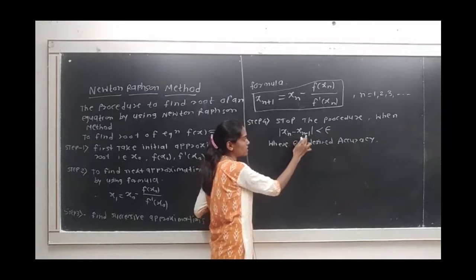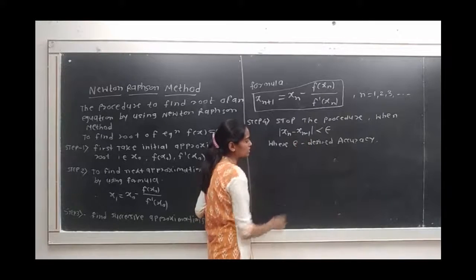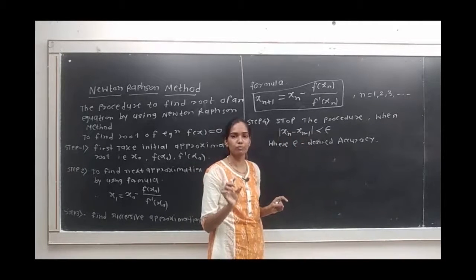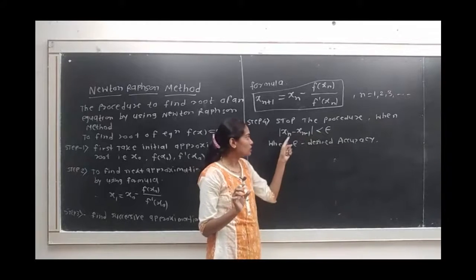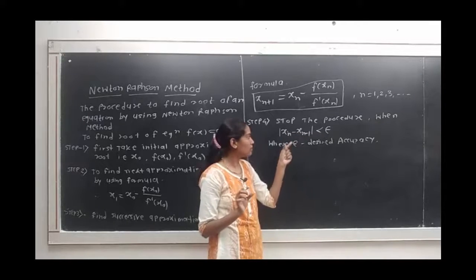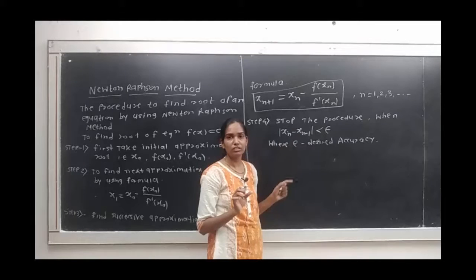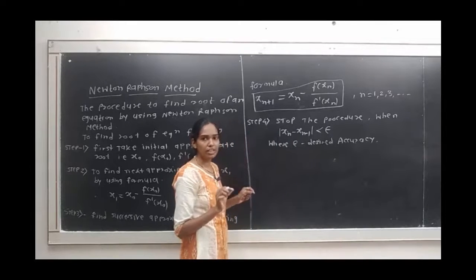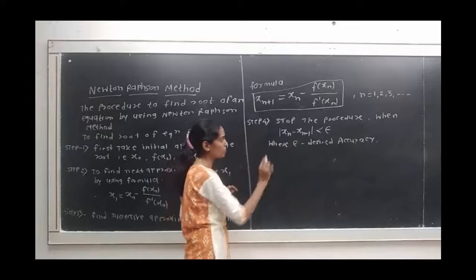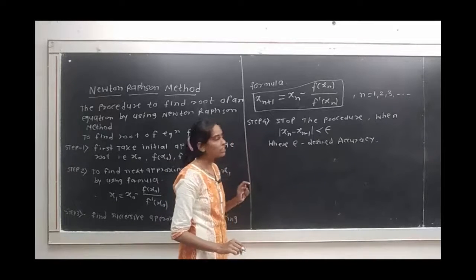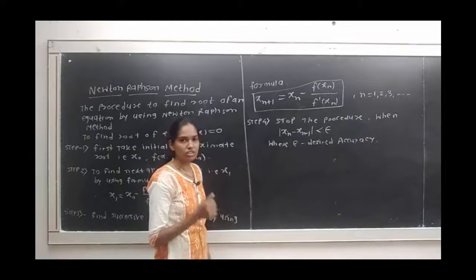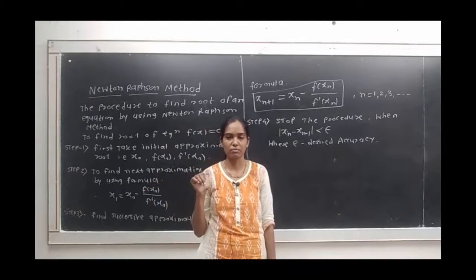That means when the difference between two successive approximate roots is negligible, we stop finding the next iterations. So this is the Newton-Raphson method.